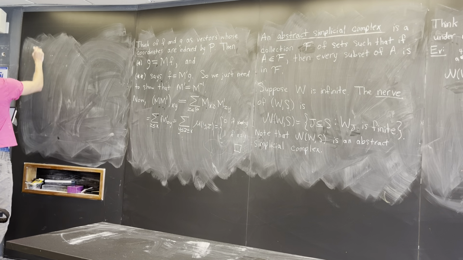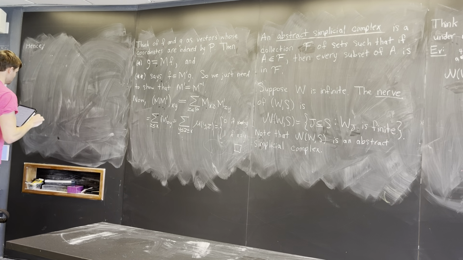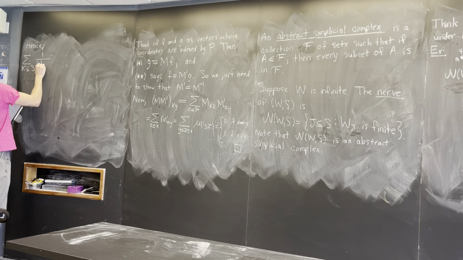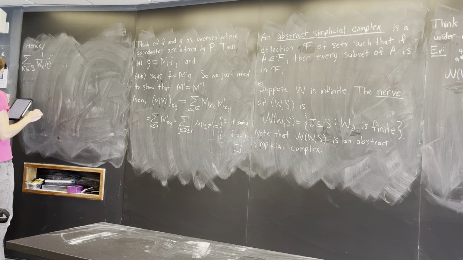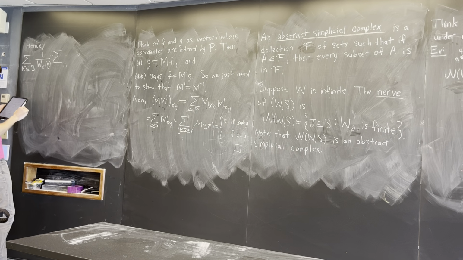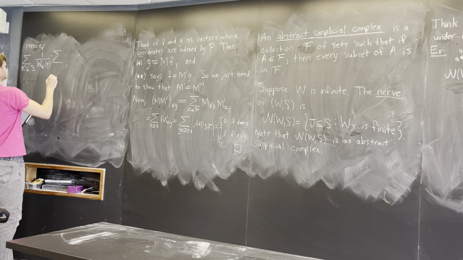So hence, if I take the sum over k, a subset of S, of 1 over wk of q, then I want to take, okay, so I'm just writing down stuff, but hopefully it'll make sense in a second.